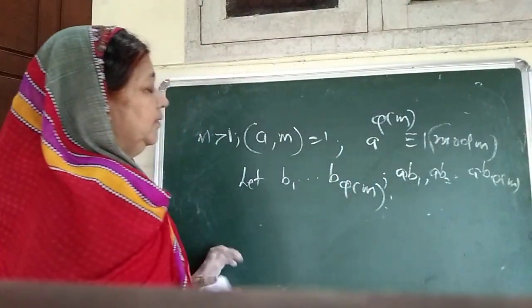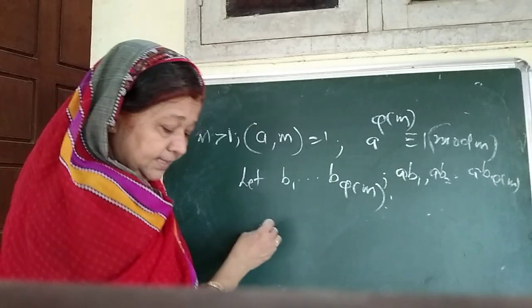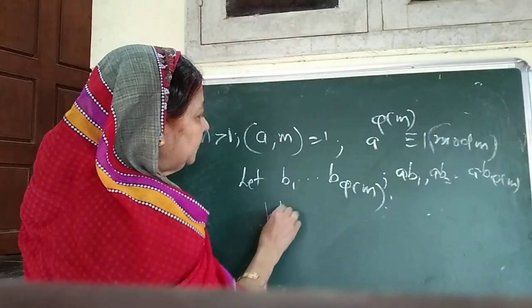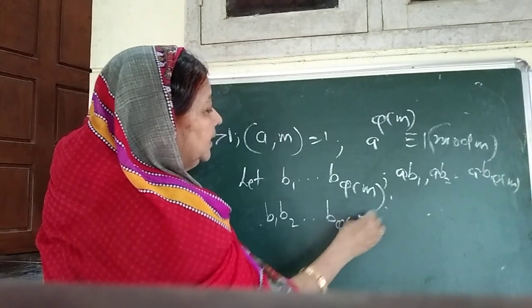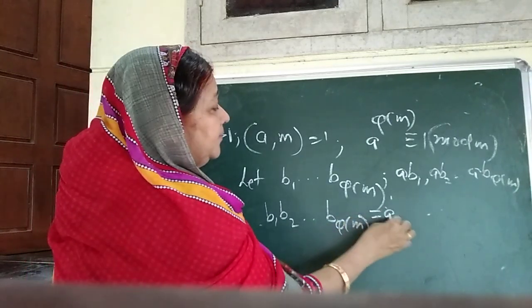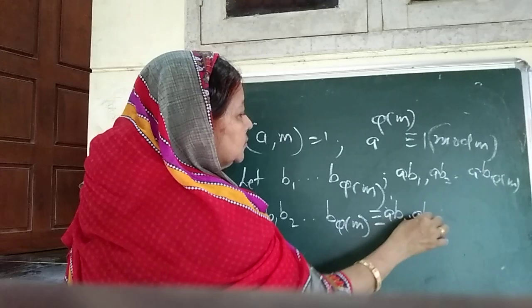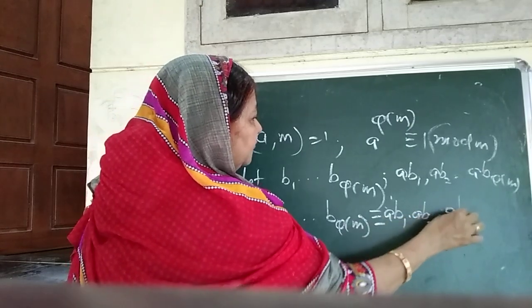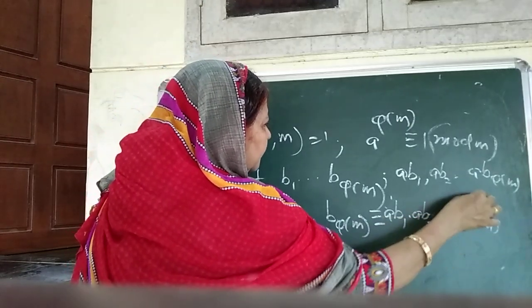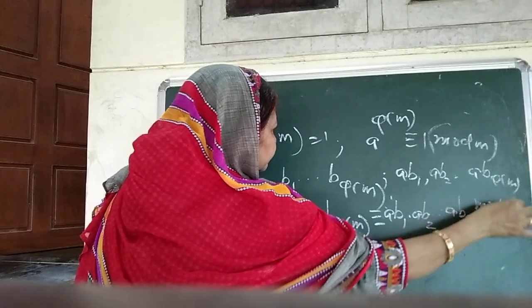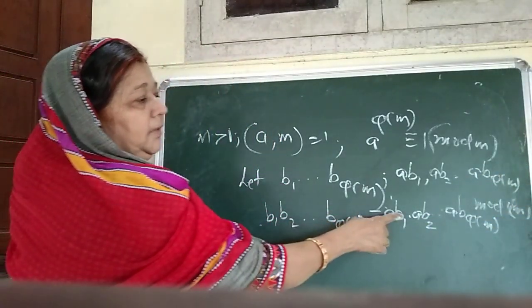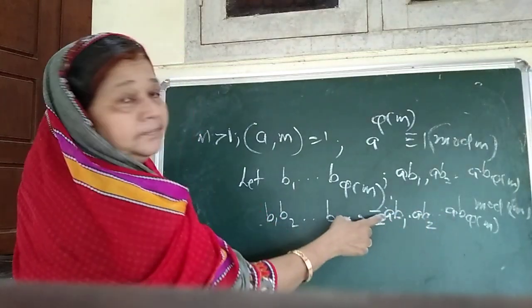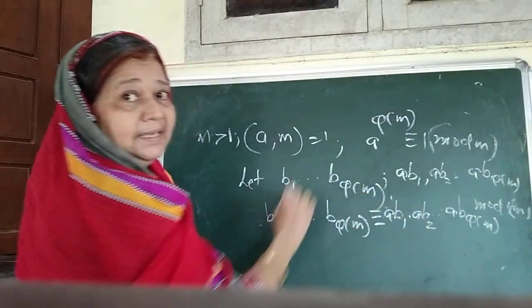Therefore, we can see that b1 into b2 into etc. b phi m is congruent to a b1 into a b2 into etc. a b phi m modulo m. That is b1, b2, etc. b phi m times a, how many times?